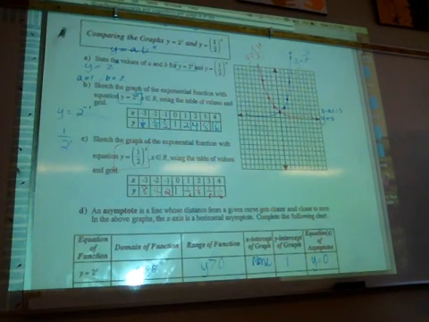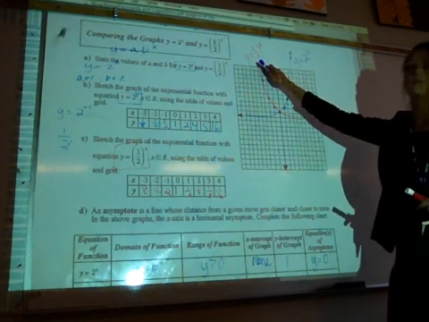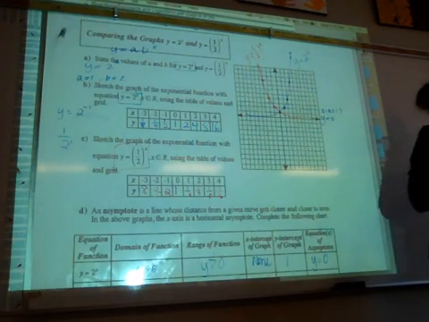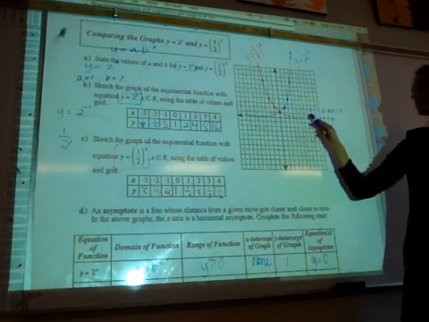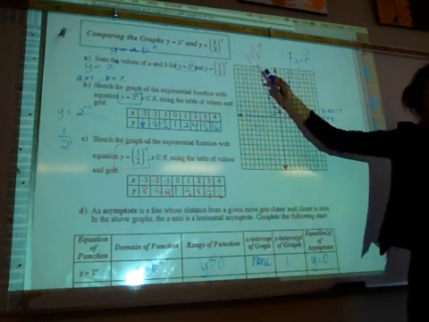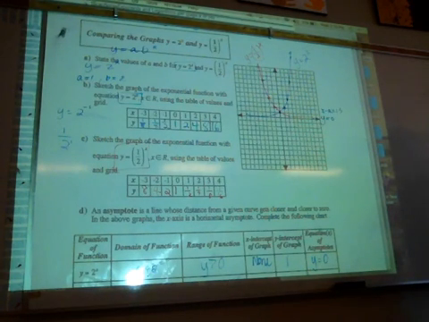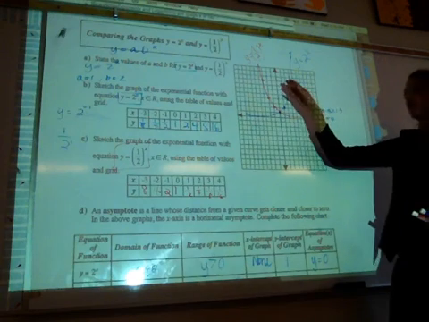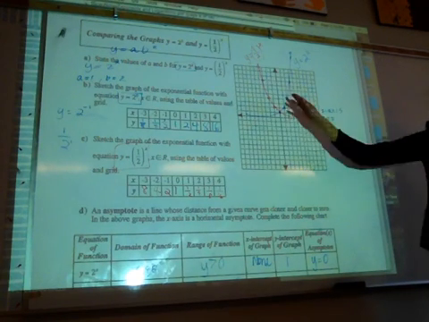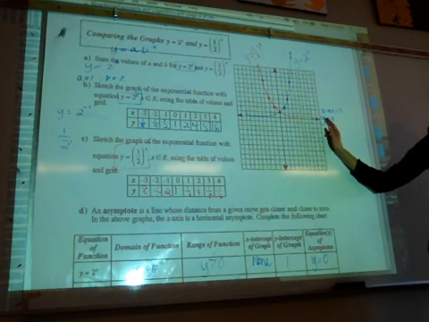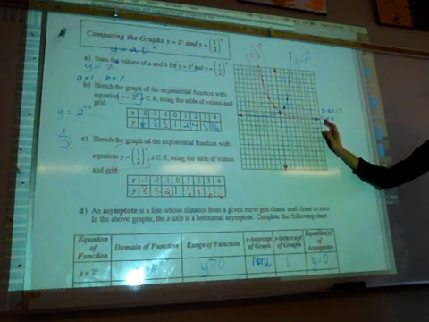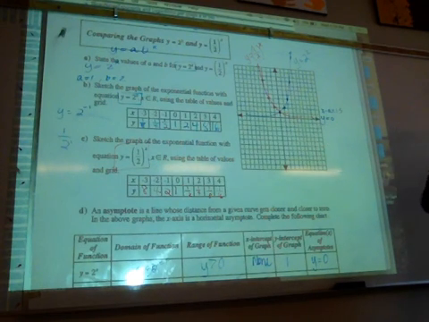So let's talk now about the red graph, the graph of y equals 1/2 to the power of x. What is the domain? All real numbers. Okay, x is an element of all real numbers. Very good. How about the range? Is it approaching a certain line? Good, it's approaching that x-axis again, so y is greater than 0. Do you have any x-intercepts if it's not crossing the x-axis?